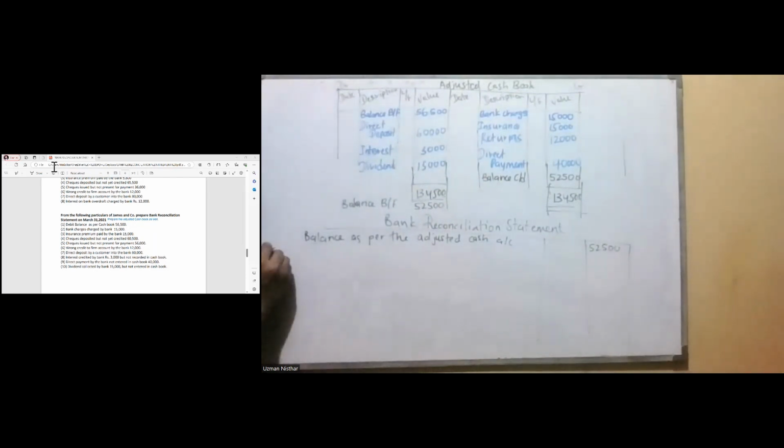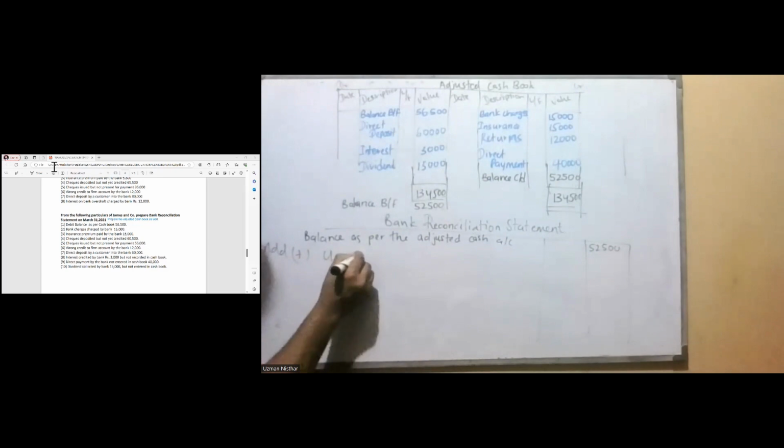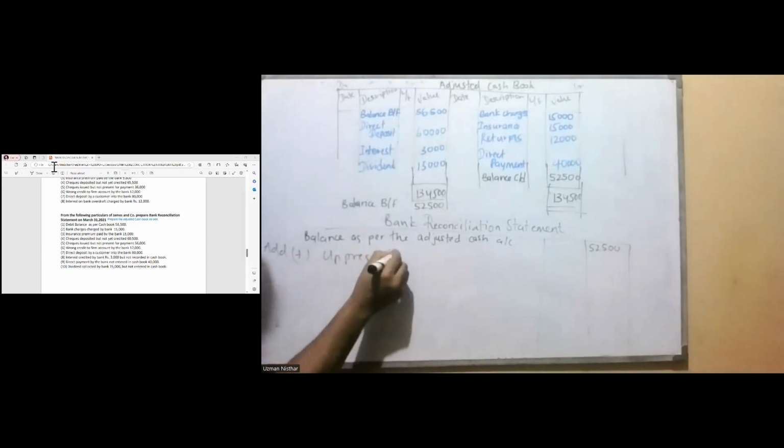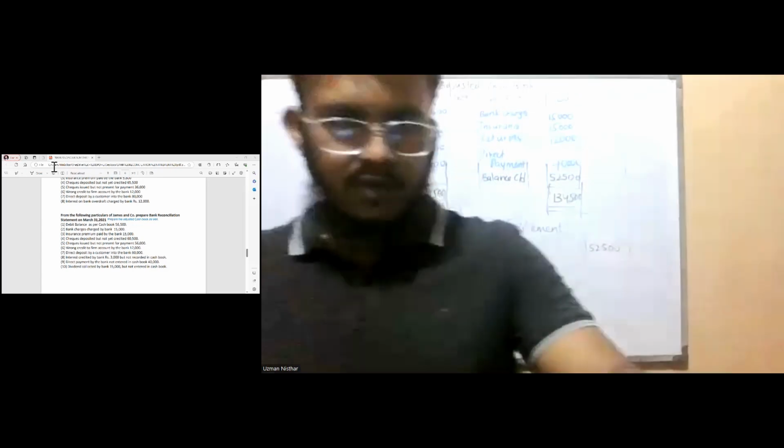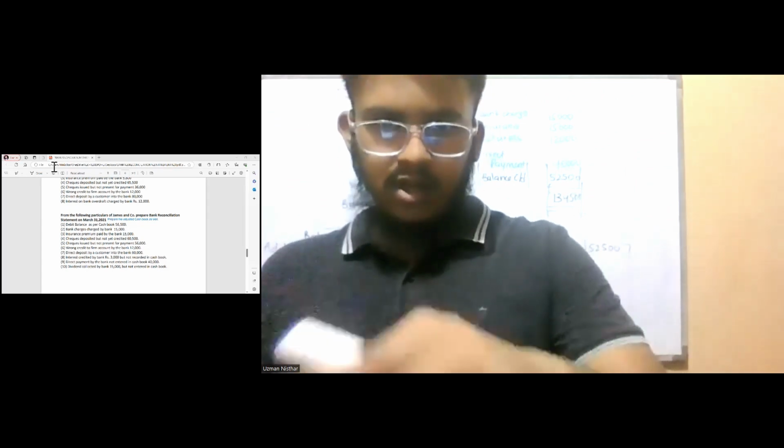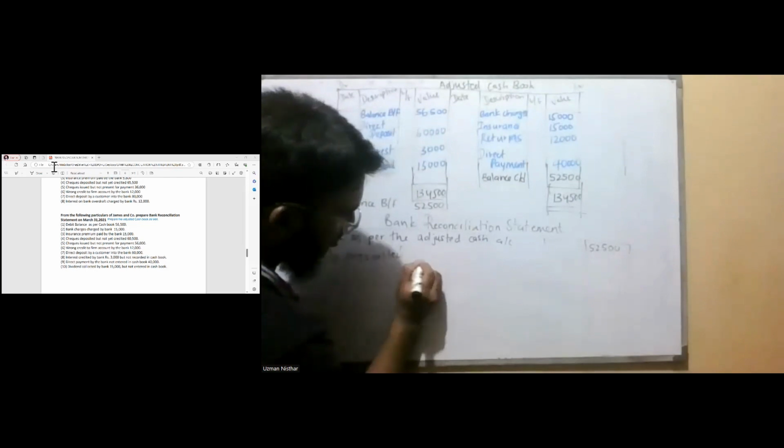And then next we have add unpresented checks. Unpresented checks, we have checks issued but not presented. The amount is 56,000.